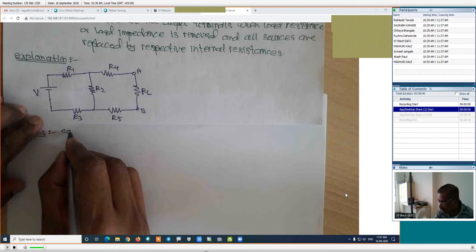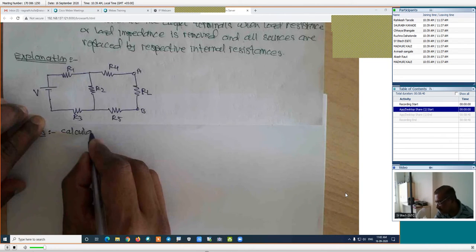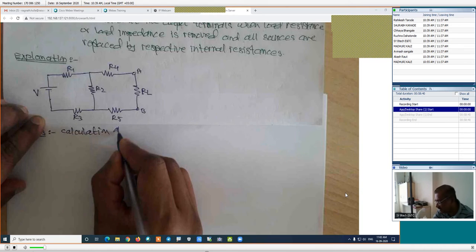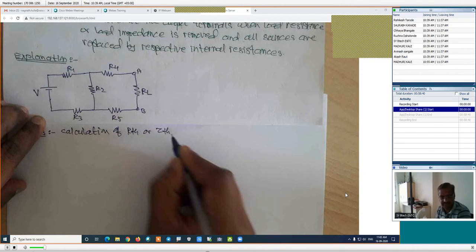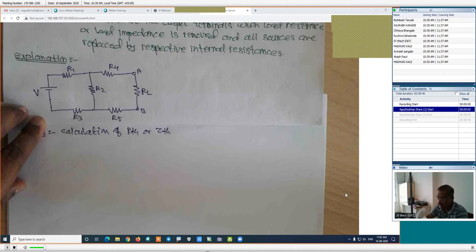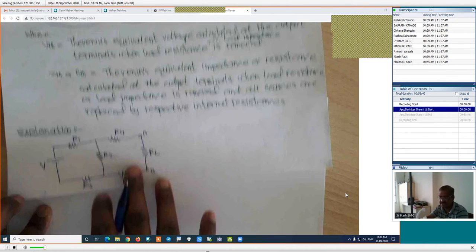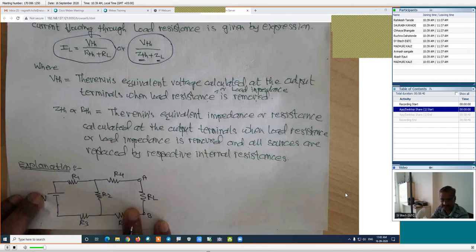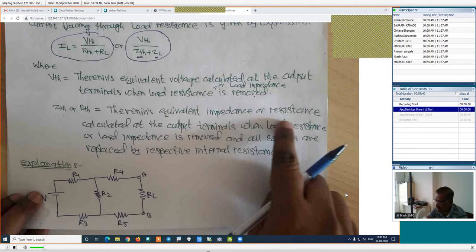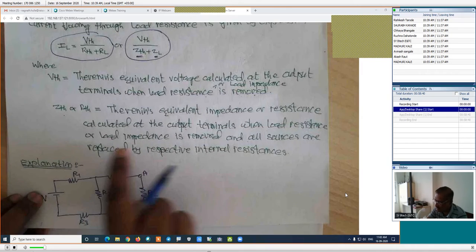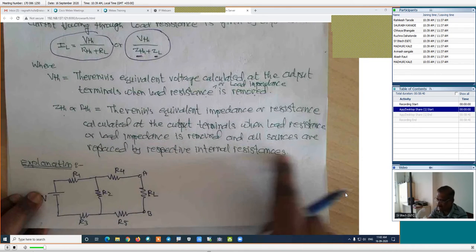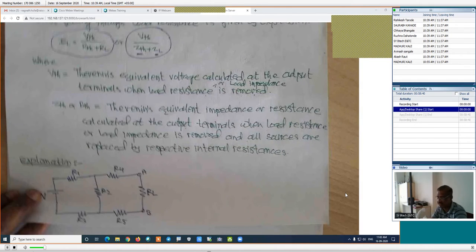Calculation of RTH or ZTH. Is it right? Now look at the definition of RTH or ZTH. It is Thevenin's equivalent impedance or resistance calculated at the output terminals when the load resistance or load impedance is removed and all sources are replaced by their respective internal resistances.